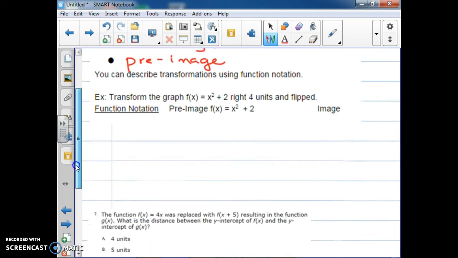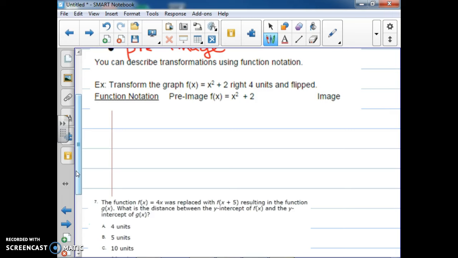Alright. Now we're going to do an example where we write the function notation of the transformed image. So the example says transform the graph f of x equals x squared plus 2, right 4 units and flip. Okay, so function notation for that will look like this. The negative is for flipped.